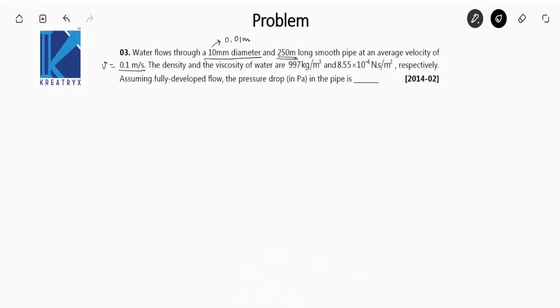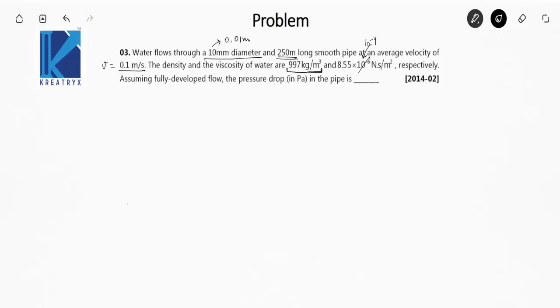The density and viscosity of water are given. So you have been given the density as 997 kilogram per meter cube. So use this value only, not 1000 kilogram per meter cube. And the viscosity of water is 8.55 into 10 raised to power minus 6. Actually this is 10 raised to power minus 4.